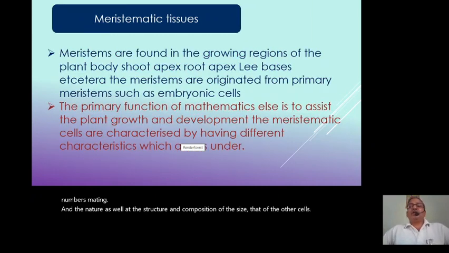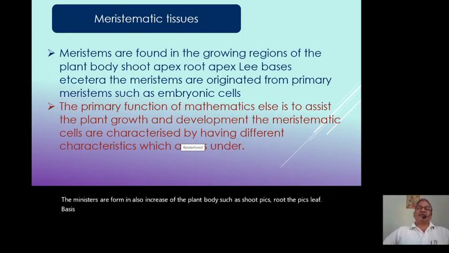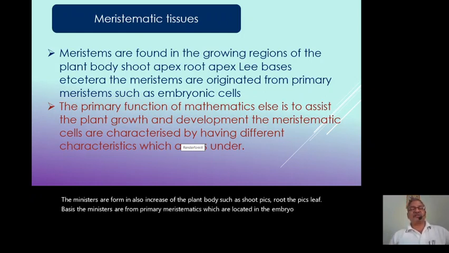Meristems are found in all growing regions of the plant body, such as the shoot apex, root apex, and leaf bases. They originate from primary meristems, which are located in the embryo of the seed.